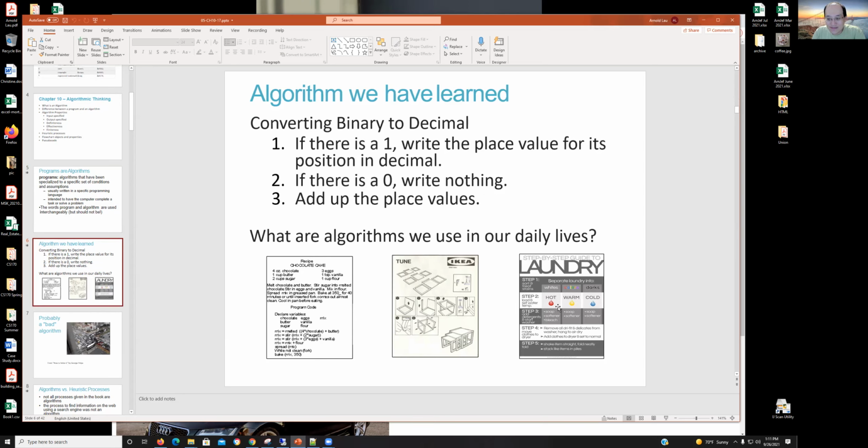Here's doing your laundry. And this up here at the top is an example of what you have already been doing. You already have a, quote unquote, recipe or algorithm to convert binary to decimal. These steps here are pretty much what we taught in class on how to convert binary to decimal, so I won't go over that again.